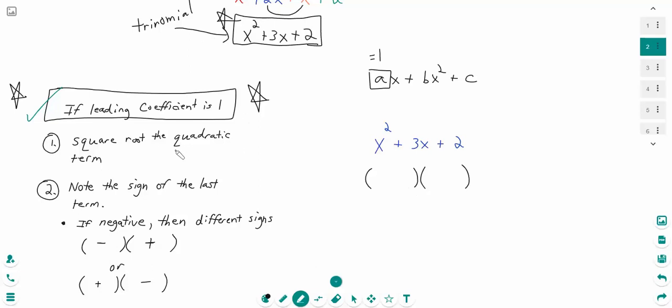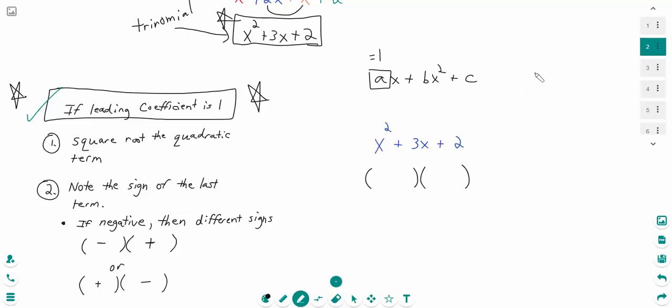Now, I should have probably written quadratic in our vocabulary list at the beginning of the lesson. Quadratic, if you don't recall, is just a fancy way of saying an expression or a polynomial whose highest power is a 2. The highest power is a 2. So if we have a trinomial such as this, we could call it a quadratic trinomial because the highest power is a 2.